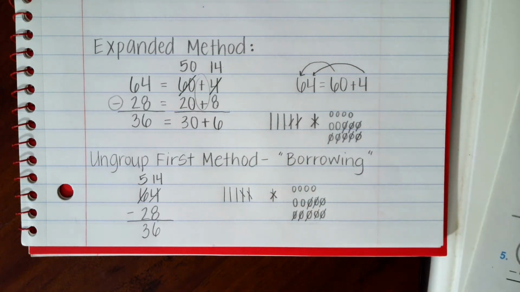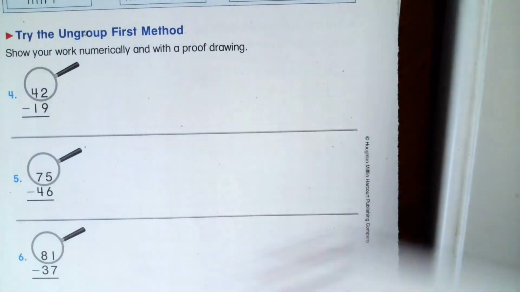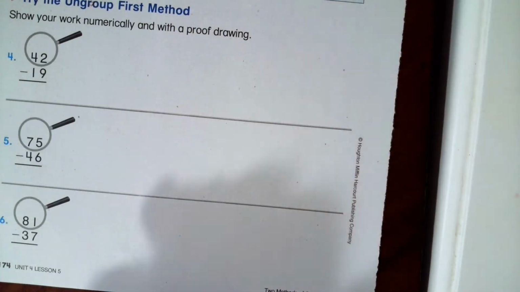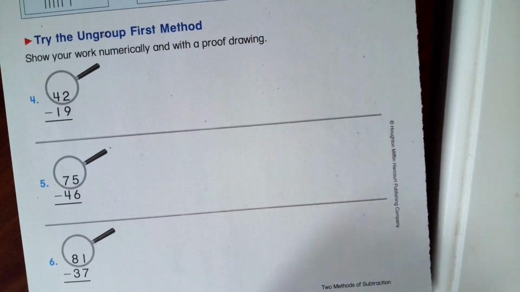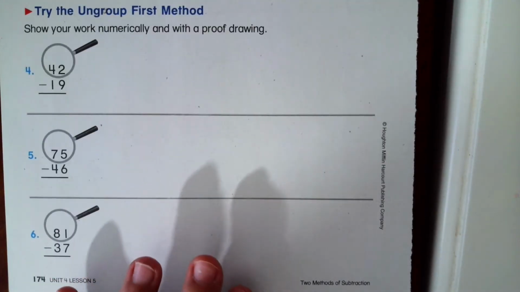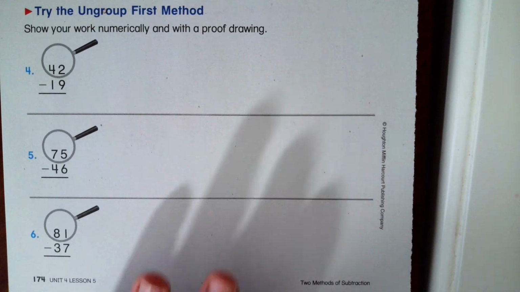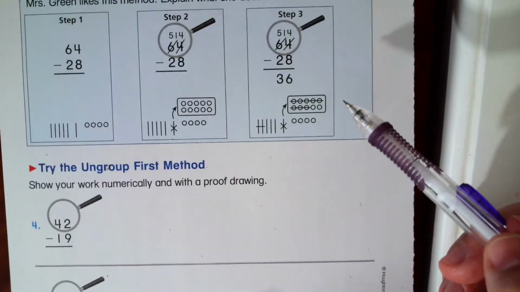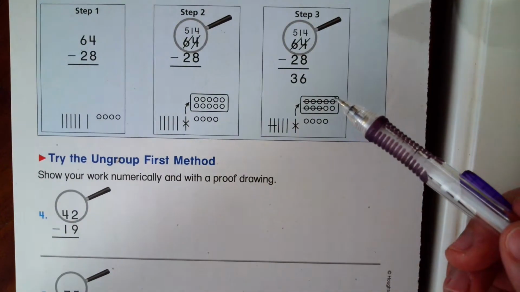Okay, so let's go ahead and get started on the actual math pages that we have to do today. So you need to have your pencil, page 174, which is the back of yesterday's lesson, and then we can get started. Now, it walks you through step by step up here in this blue box, just like it did yesterday.